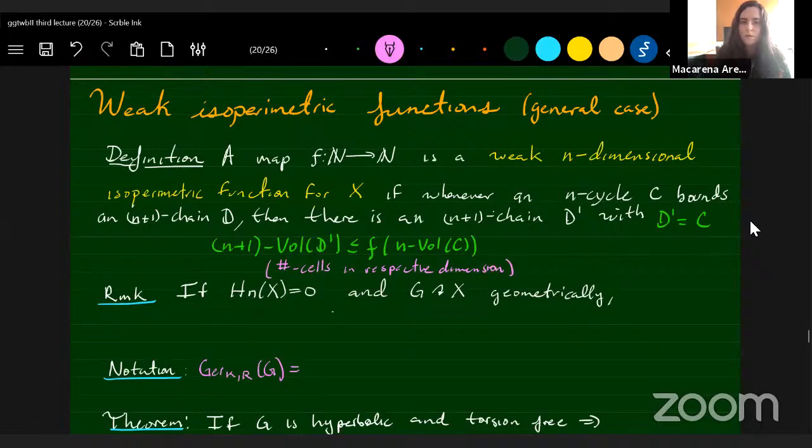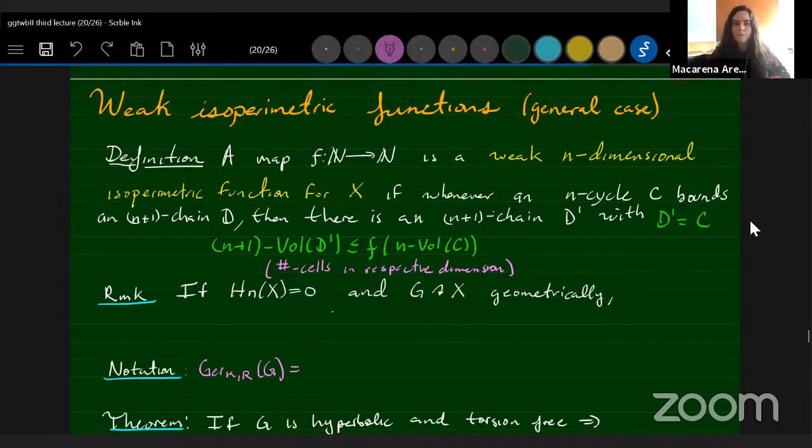So the n+1 volume is the number of n+1 cells, and the n volume is the number of n cells. We're thinking of everything as being combinatorial maps, so this is the natural way to define volumes.